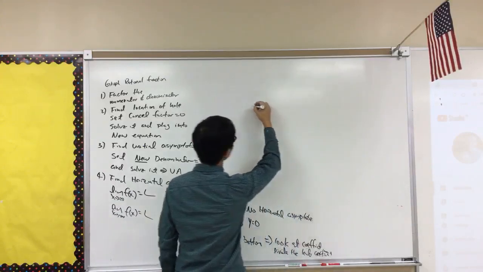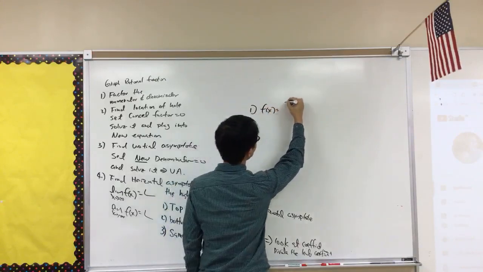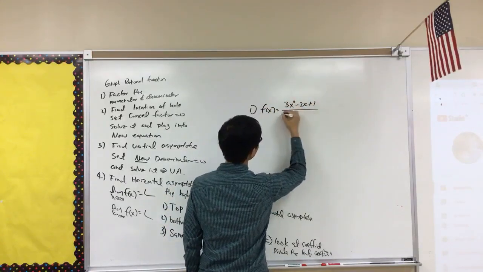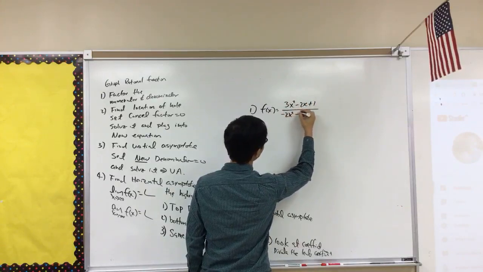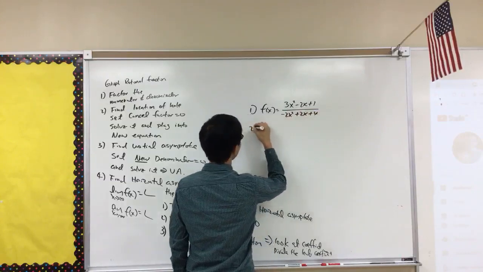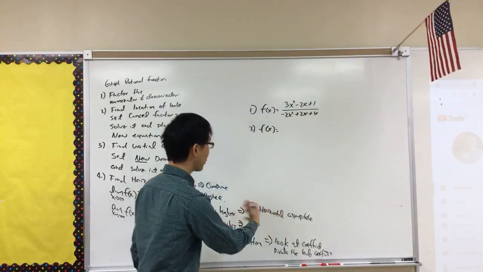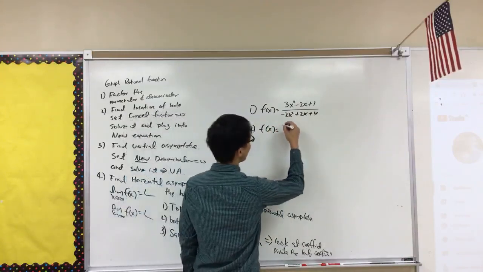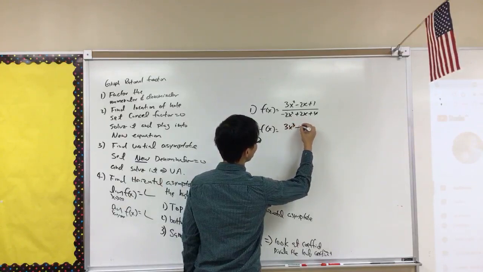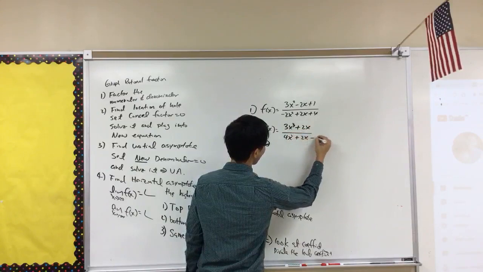The first case we're going to talk about is if you have f of x equals 3x squared minus 2x plus 1 over negative 2x squared plus 2x plus 4. The second case is f of x equals 3x to the third plus 2x minus 4 over x squared plus 2x minus 1.